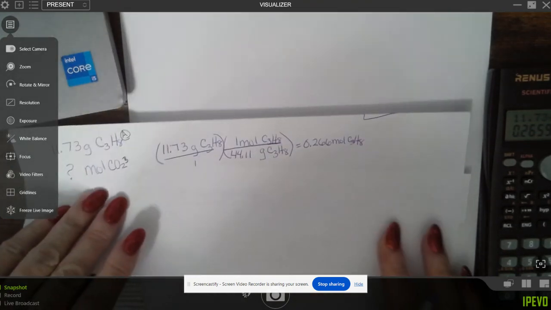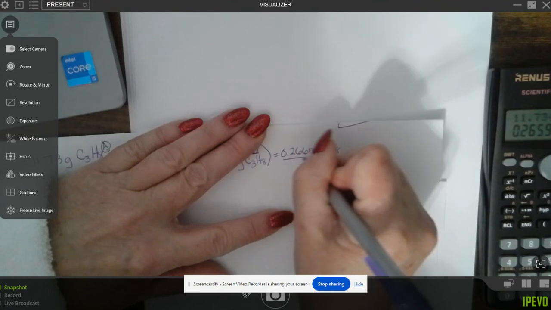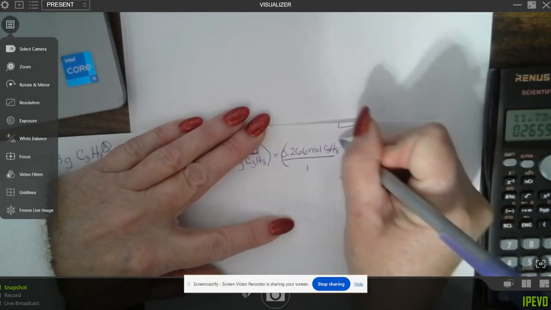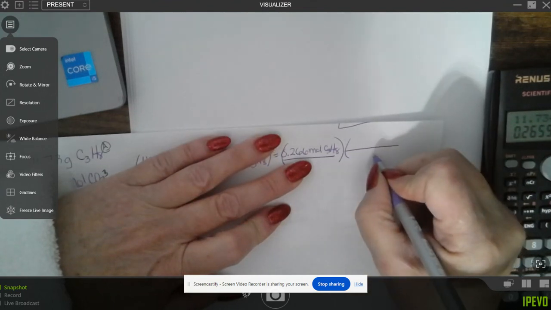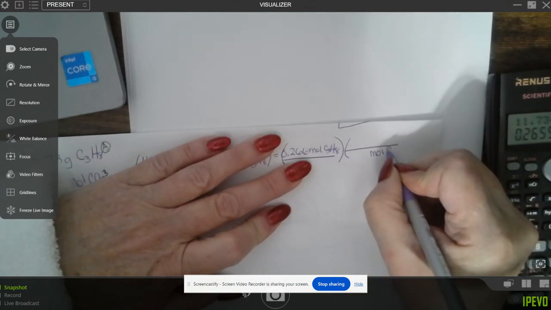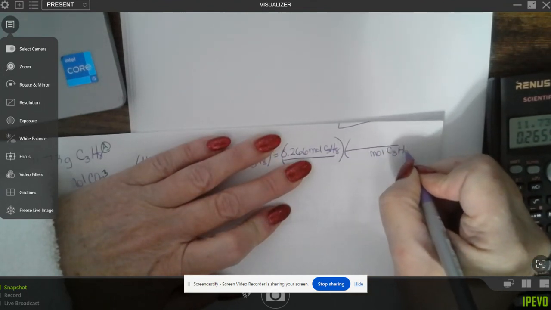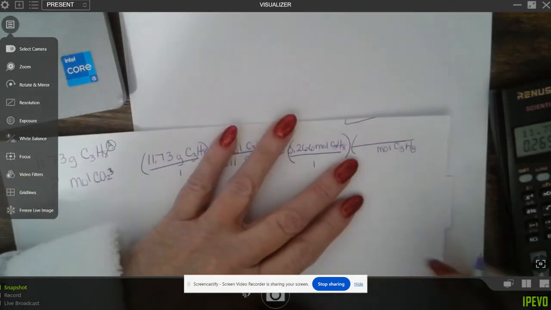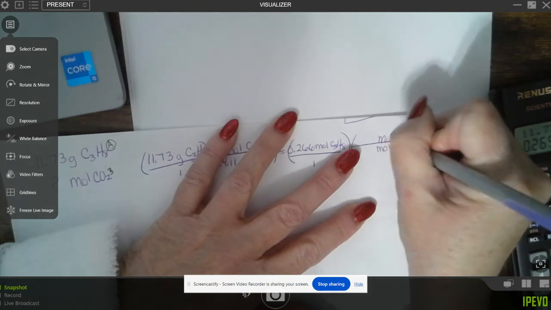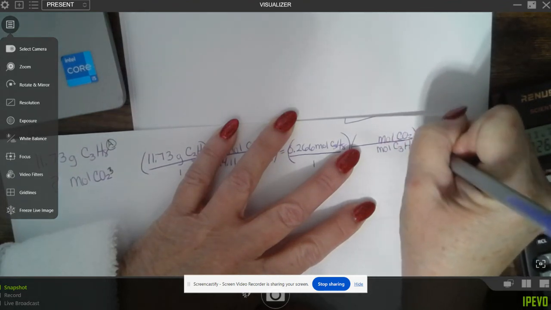This is what we start with over 1. So we need moles of C3H8 on the bottom. And what are we looking for? We're trying to find moles of CO2, moles of B. So moles of CO2 on the top.